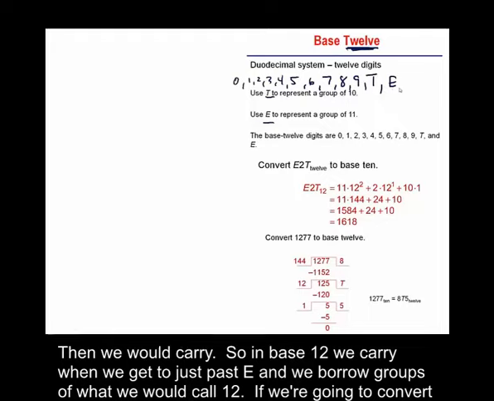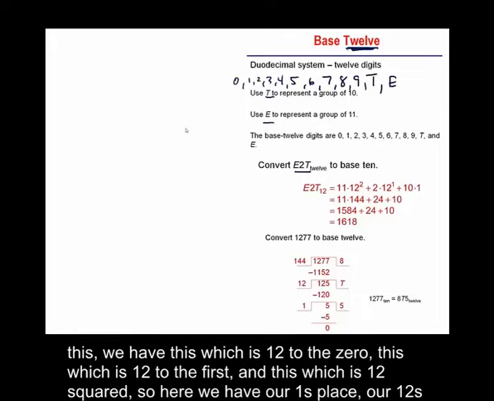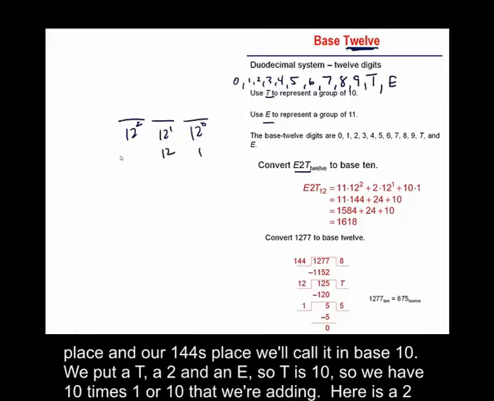If we're going to convert this, we have this, which is 12 to the 0, this is 12 to the first, and this which is 12 squared. So here we have our 1's place, our 12's place, and our 144's place, we'll call it in base 10.